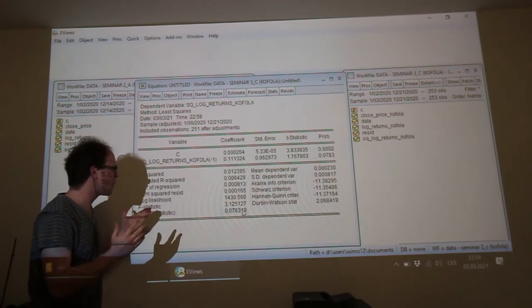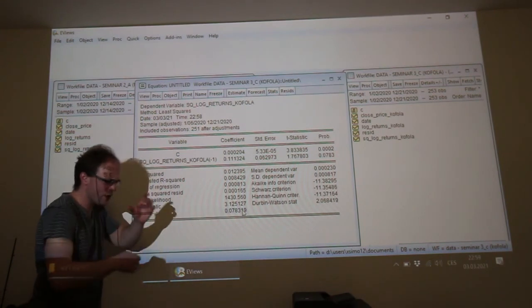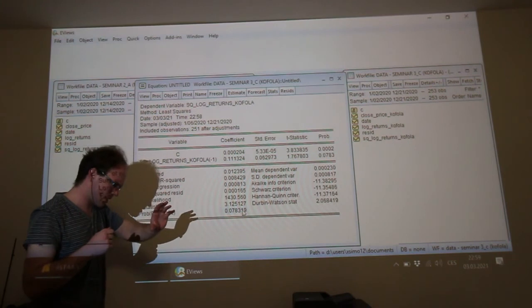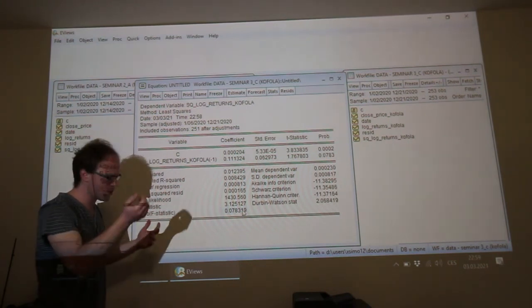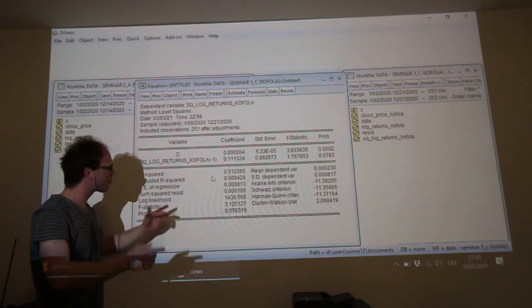So the information here is connected with information of the Ljung-Box test from the correlogram and Q statistics, but only from the first position.